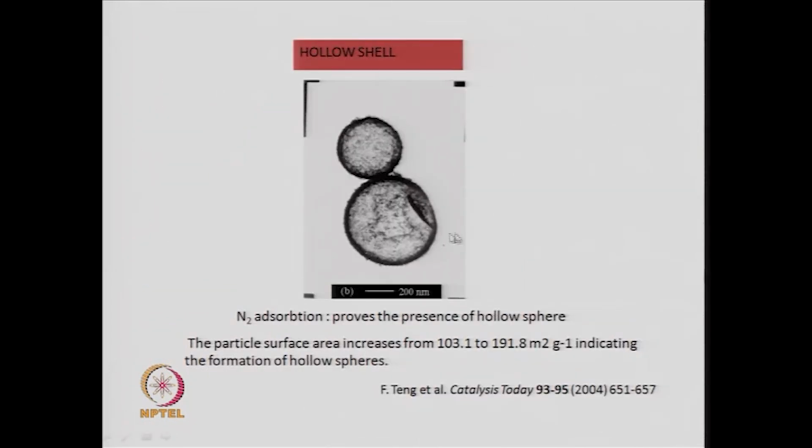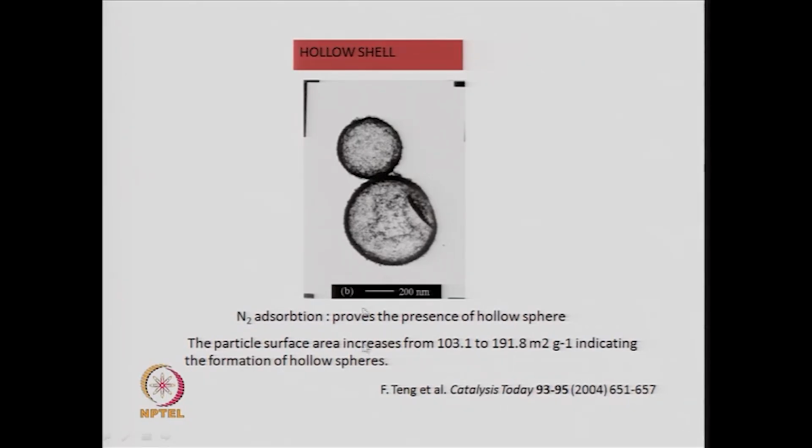Now, this is an example of knowing that it is a hollow shell. Again, by TEM you can see that, but you can also use gas adsorption, the BET method, a surface area type of measurement, and you can show that nitrogen adsorption increases.